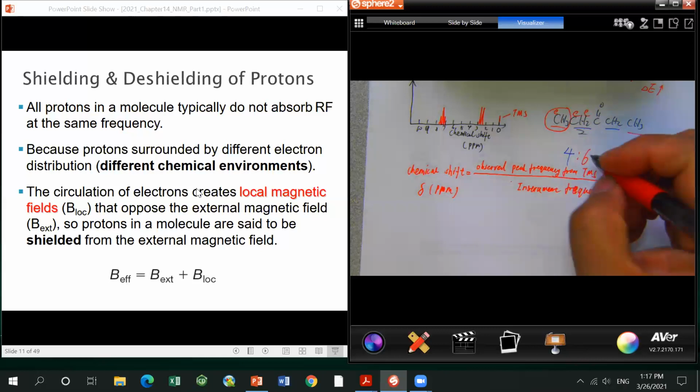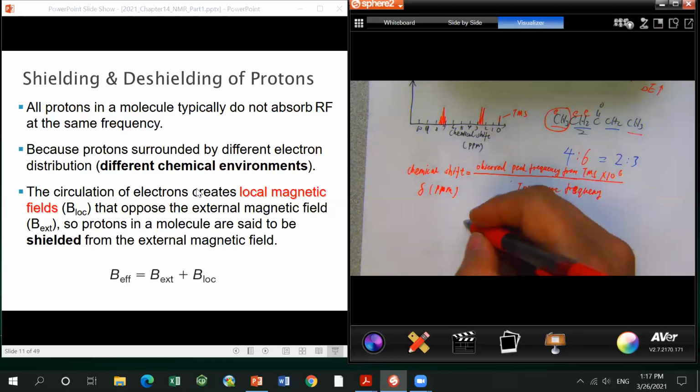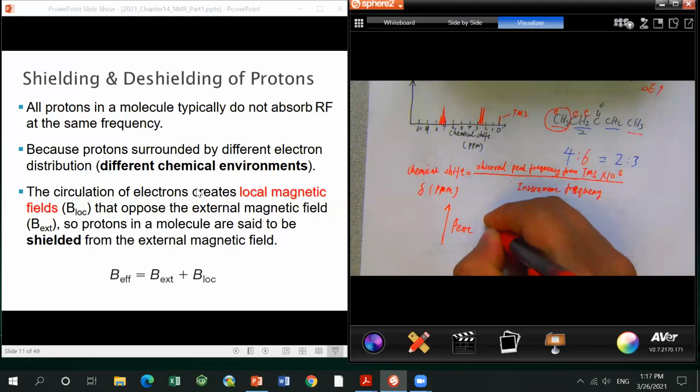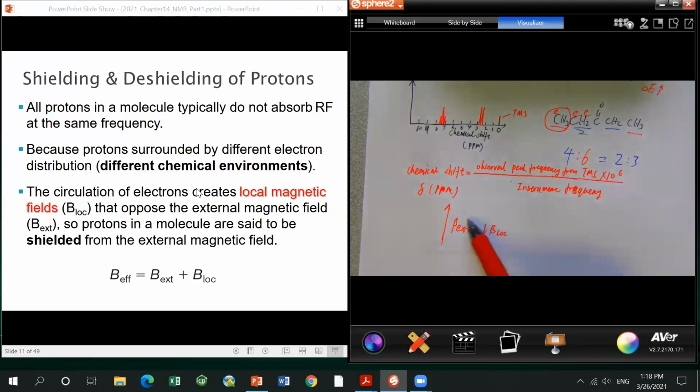This local magnetic field is normally in the opposite direction from the external magnetic field. Here is the external field, and the local magnetic field is much smaller, called B local. It cancels part of the external magnetic field. Because different carbons and hydrogens have different local environments, they have different local magnetic fields, so they see the external field canceled to different extents.